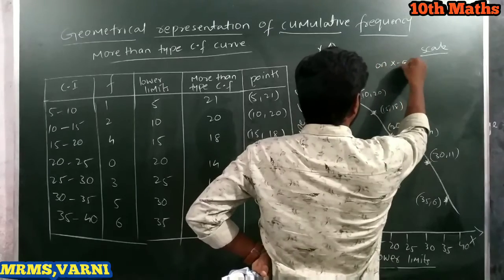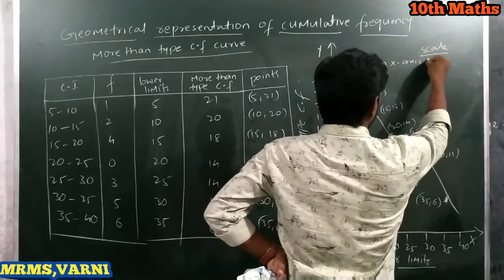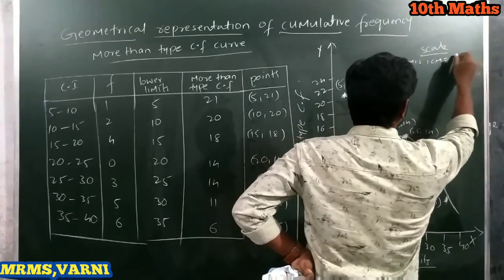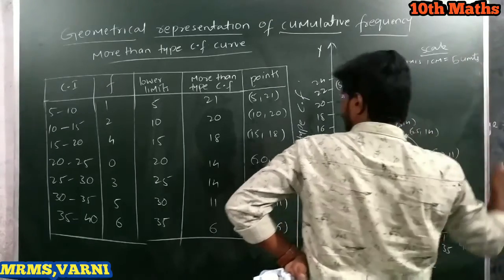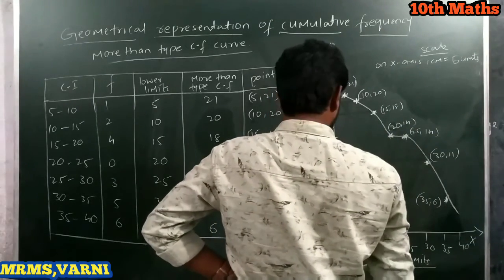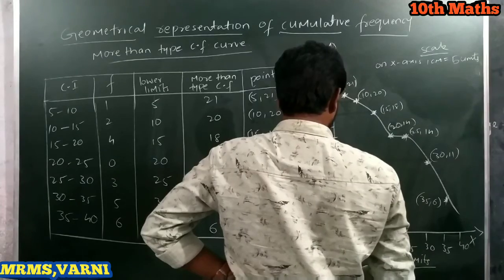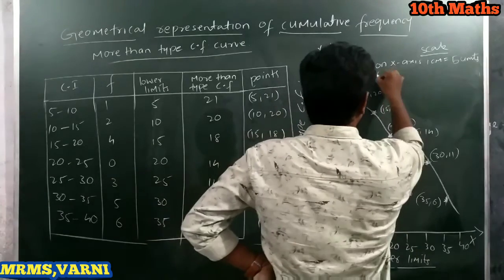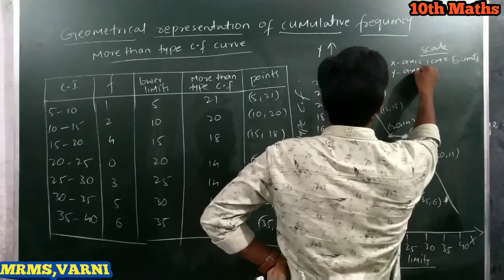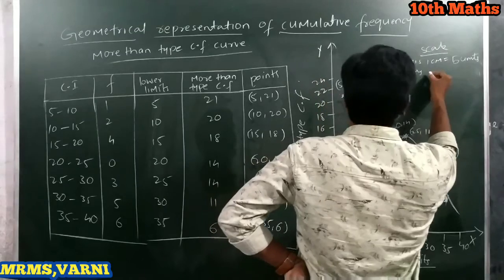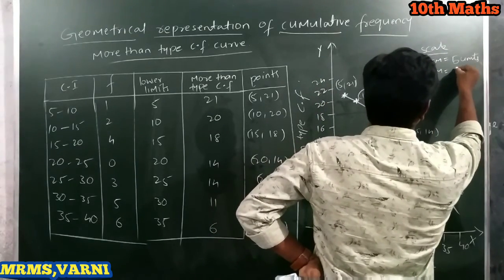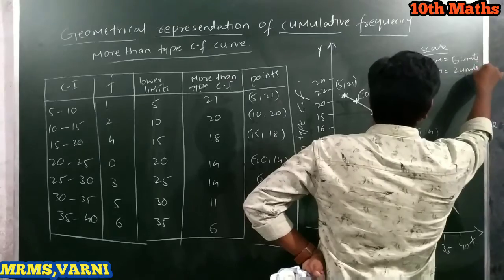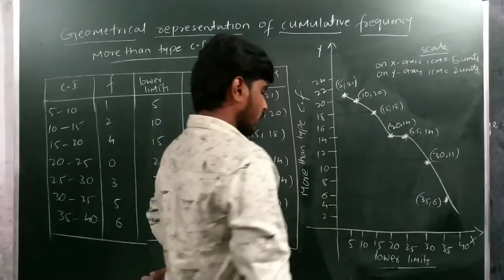On x-axis, 1 centimeter equals 5 units. Isn't it? Is it 5? Yes. On y-axis, 1 centimeter equals 2 units. Okay.